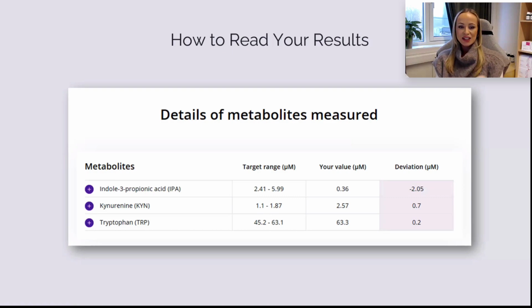So basically, the values you see in this table are the real biochemical data, and the target ranges next to them represent what is achievable when the body and the microbiome are in balance. And this is also the goal of the test: to help you translate your gut chemistry into clear and actionable insights.